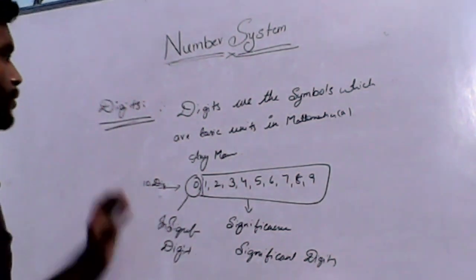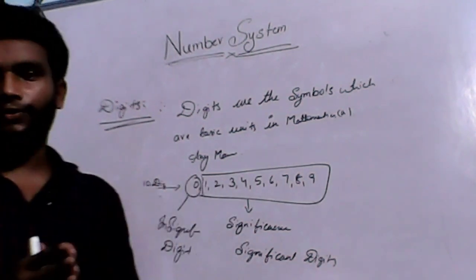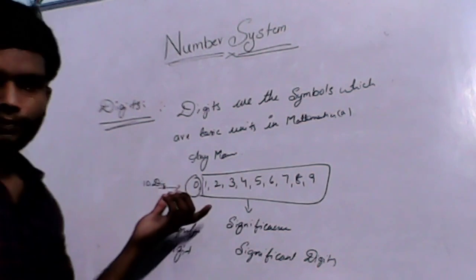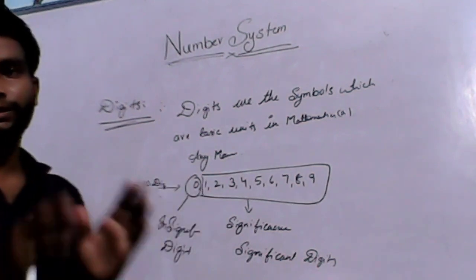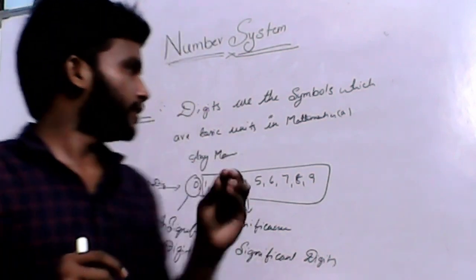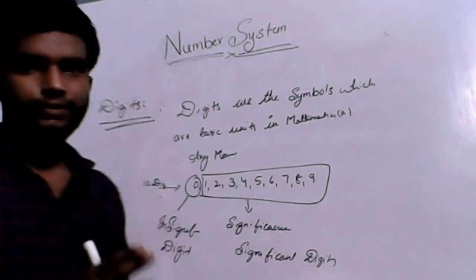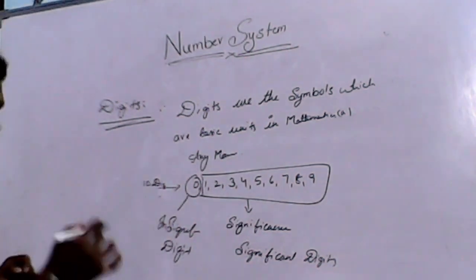Okay? Based on these digits, in any language we have alphabets as well as words which are formed by alphabets. In the same manner, maths also has word-like structures which are known as numbers or numerals.